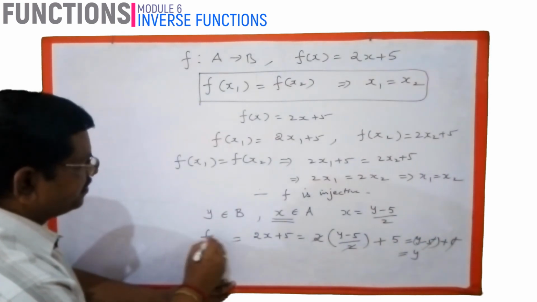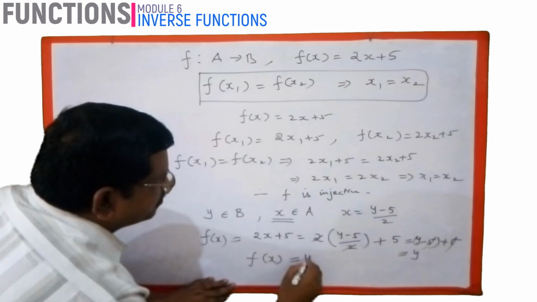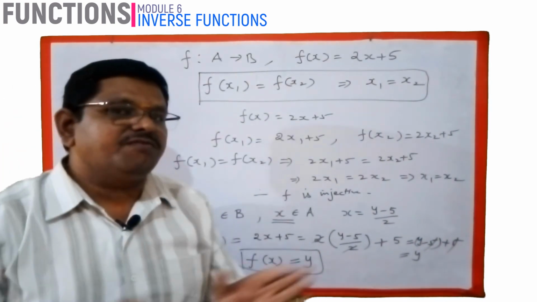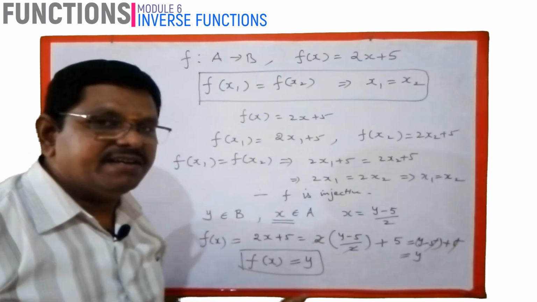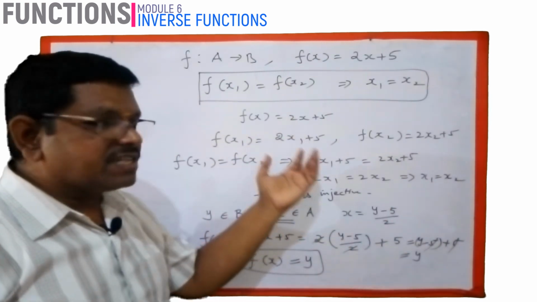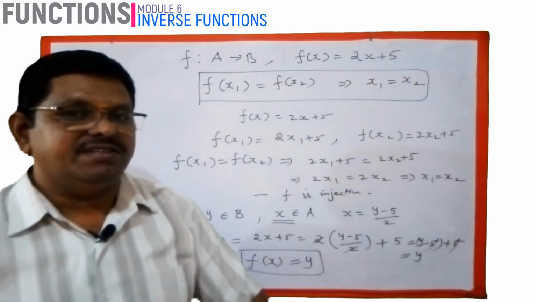This is nothing but f of x. So as per the condition, we have got f of x equal to y, which is the condition for onto, that is satisfied here. So this function is an onto function. So we can say the function is both one-one and onto, so this function has an inverse.